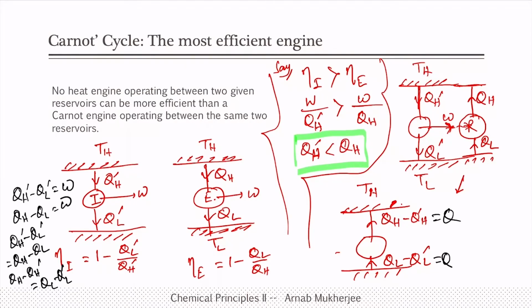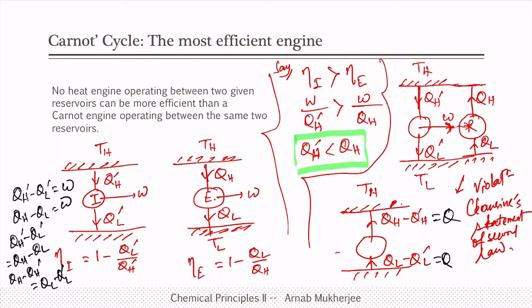So, therefore, a positive amount of heat is thrown into the high temperature reservoir. Now, this is in violation of the Clausius statement of the second law.